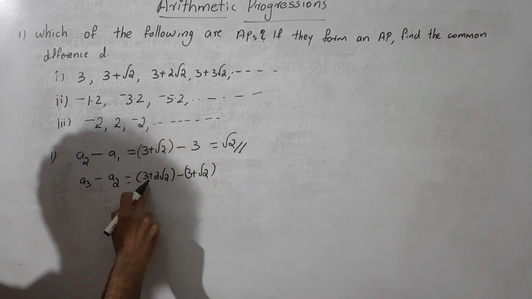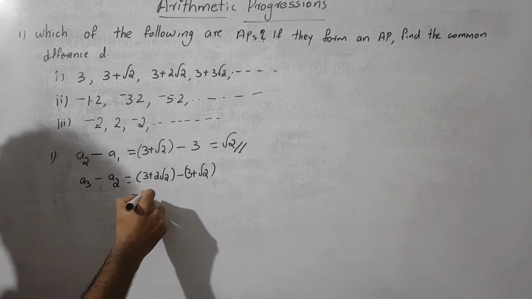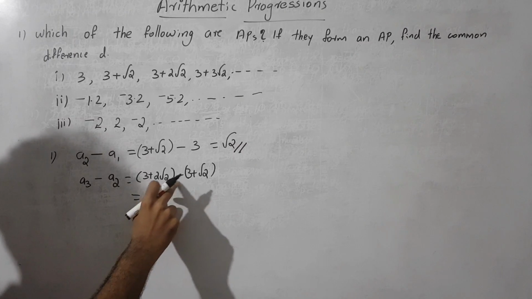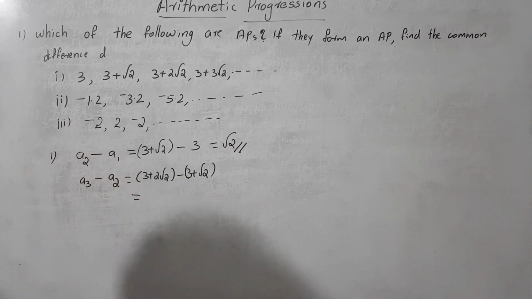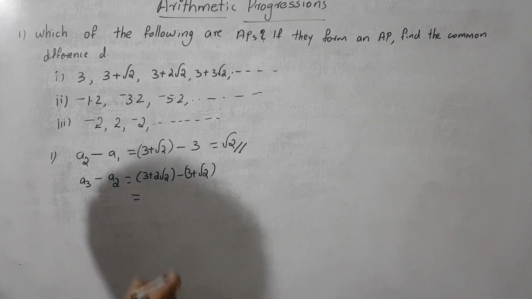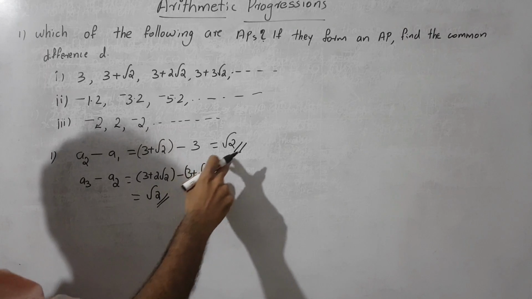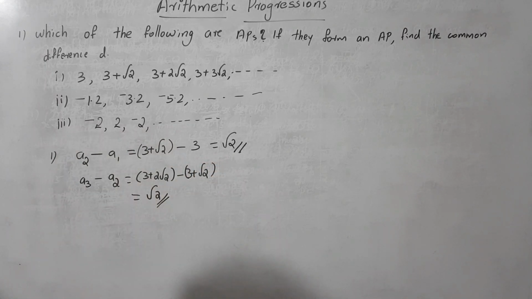Then 3 minus 3 is 0. Then 0 plus 2 root 2 minus root 2. Root 2 means 1 root 2. 2 root 2 minus 1 root 2 is equal to root 2. Correct? So we got the same difference in both cases.